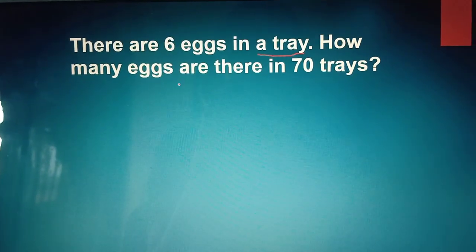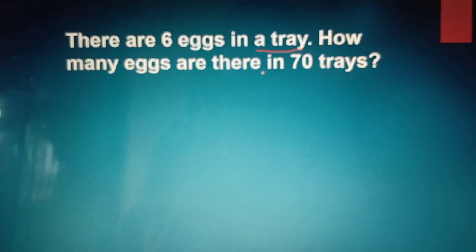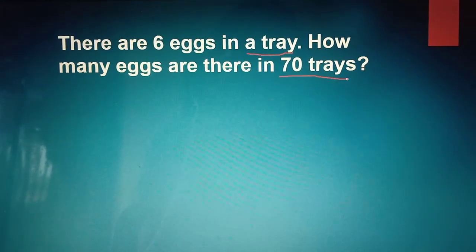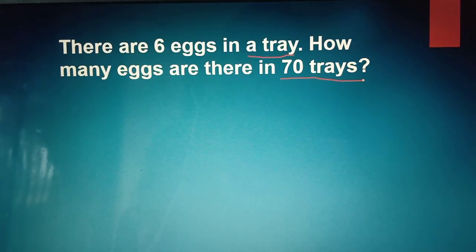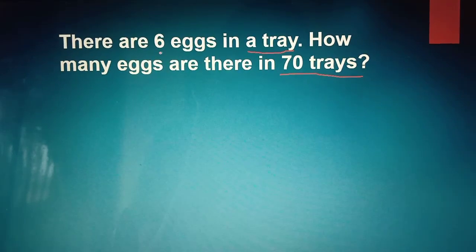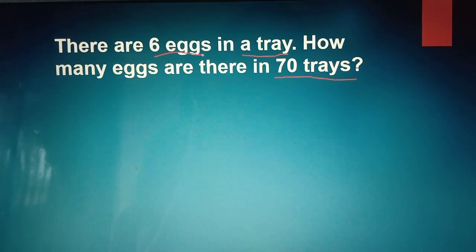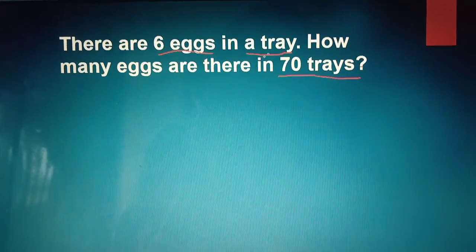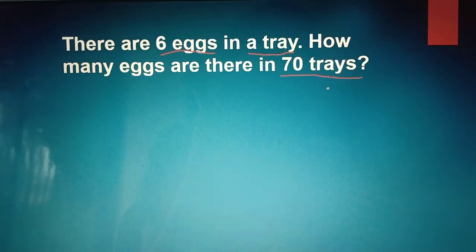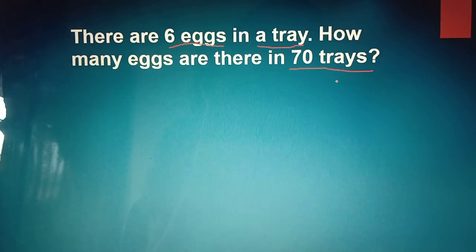How many eggs are there in 70 trays? How many trays? 70 trays. We have here eggs, 6 eggs in one tray, and we want to find for 70 trays.